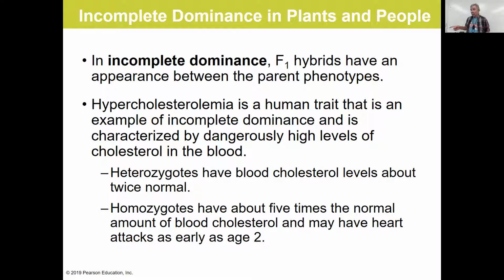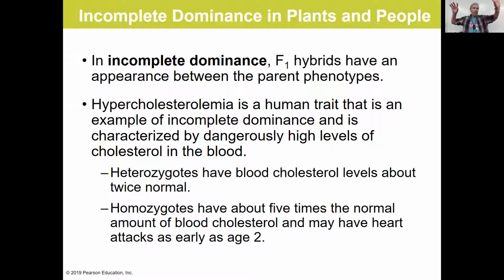But in incomplete dominance, the F1 hybrids have an appearance that's exactly halfway between the two parents. It's also known as blending inheritance, where the heterozygote has a different phenotype than the homozygous dominant.